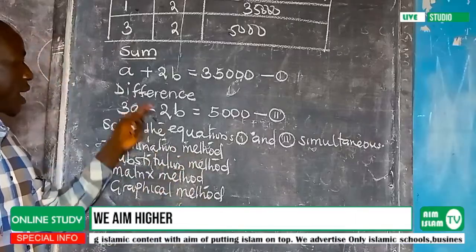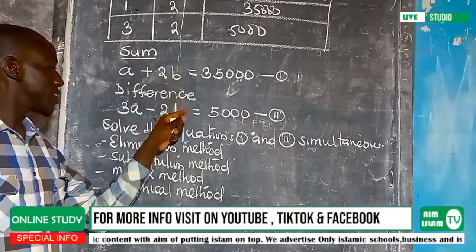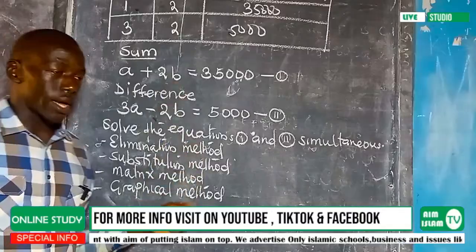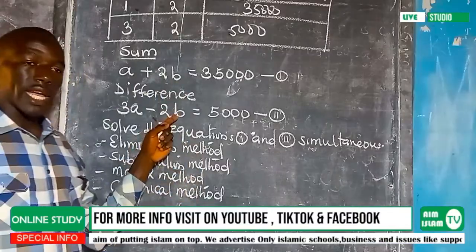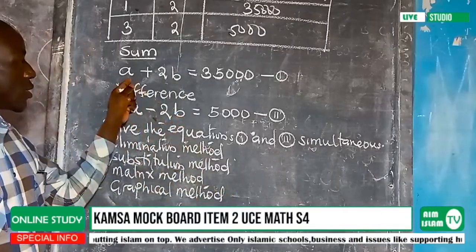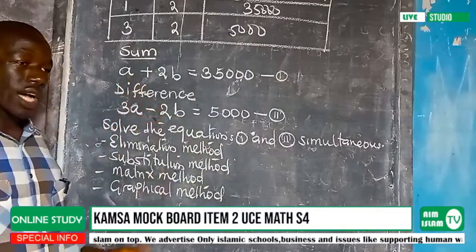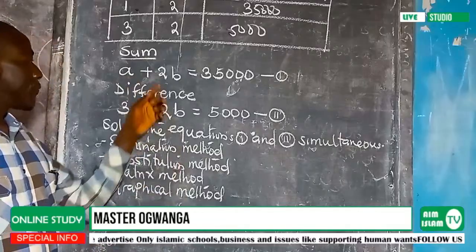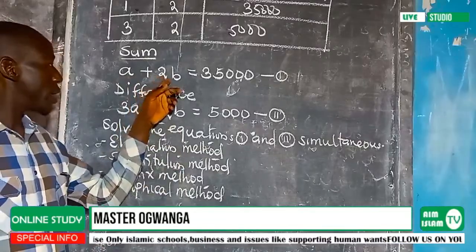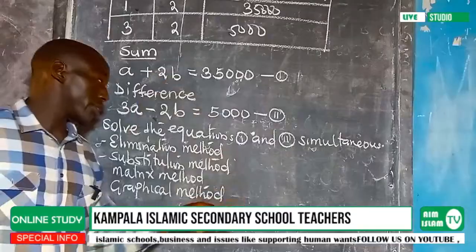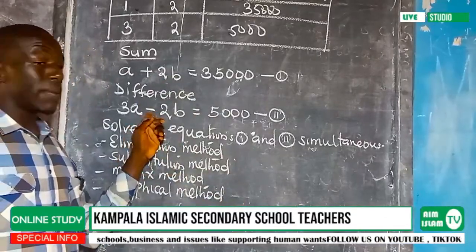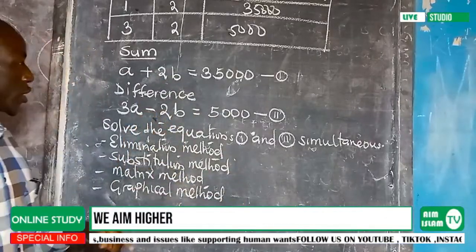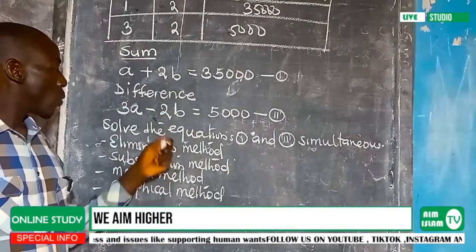whereby under elimination, we go ahead by eliminating one constant so that we can come up with the value of the remaining constant. If I look at equation 1 and then equation 2, you realize that by comparison, the 2b is positive in equation 1 and negative in equation 2.